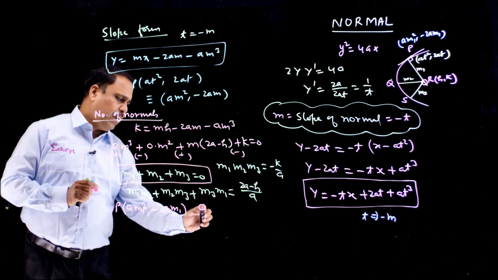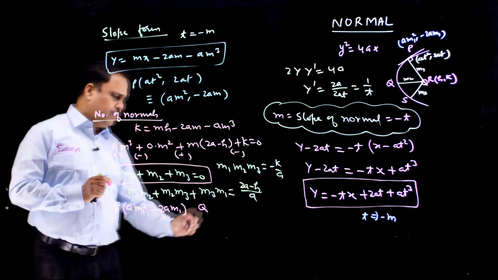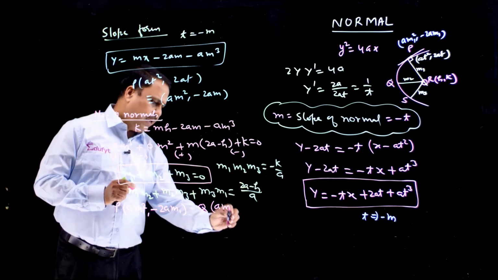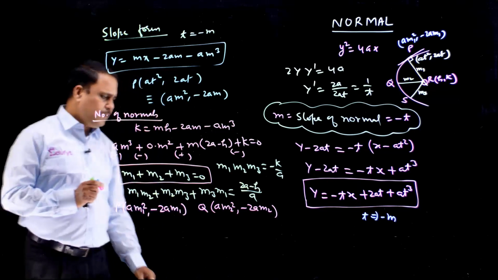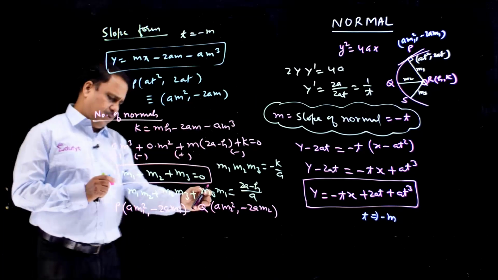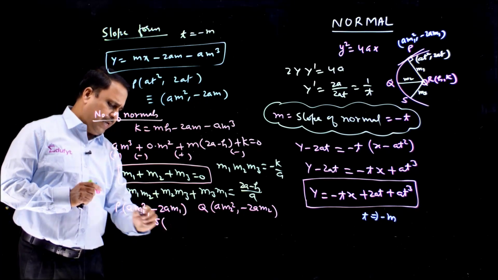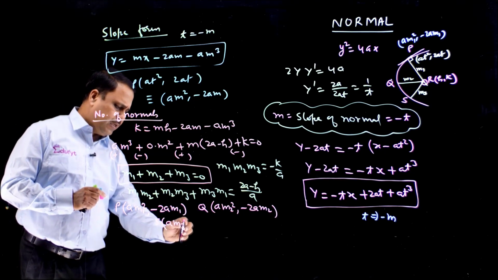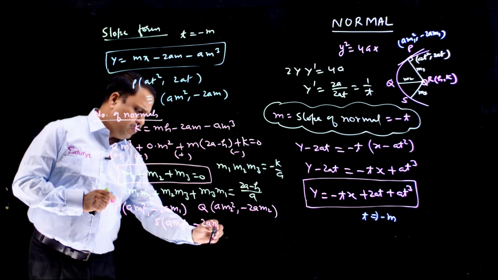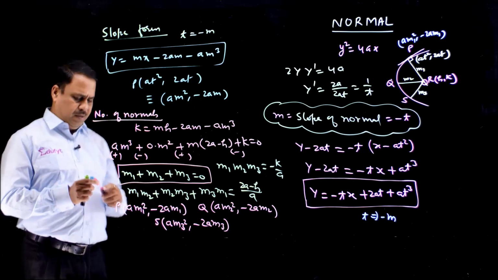Point Q, m1 will be replaced by m2: a m2 square, comma, minus 2a m2. This is not rocket science. So easily you can write S also. So what will be S? Replace m1 with m3: a m3 square, comma, minus 2a m3.